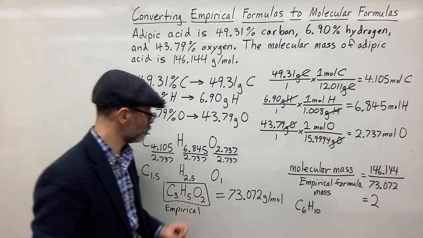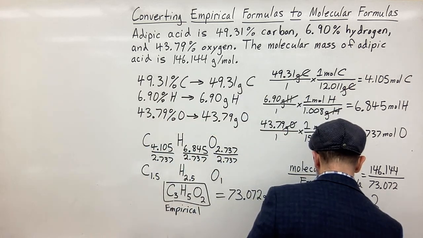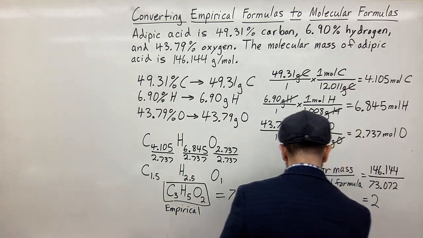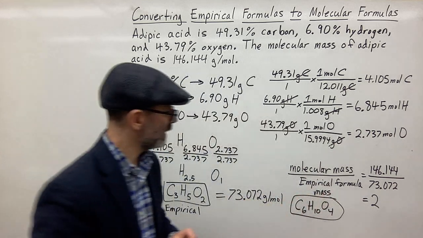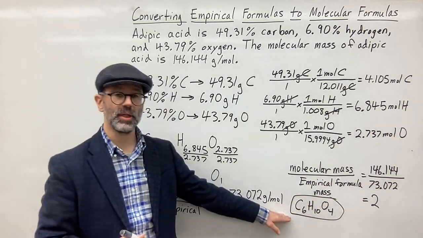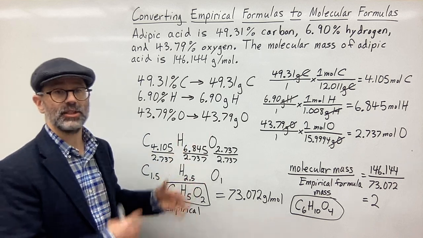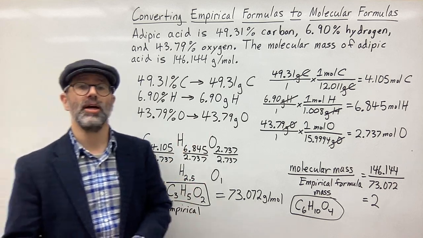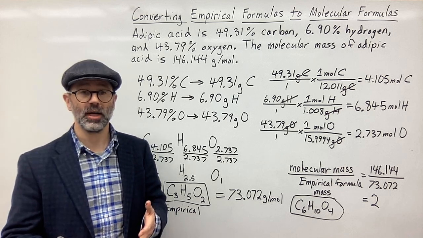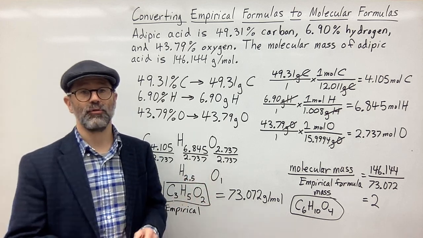And 2 times 2 is 4, so that's O4. And that, ladies and gentlemen, is the molecular formula for adipic acid. And so again, this is a great example of how you can find the molecular formula from the empirical formula.